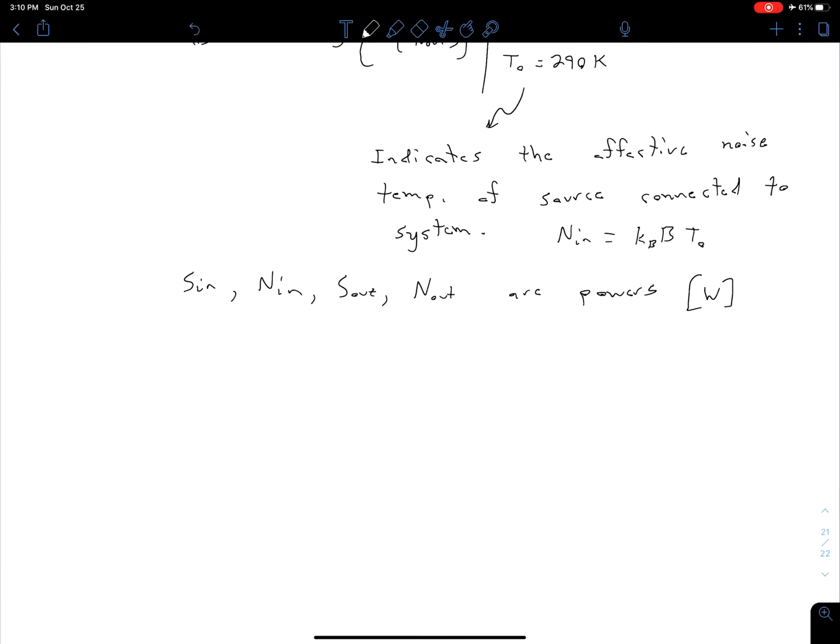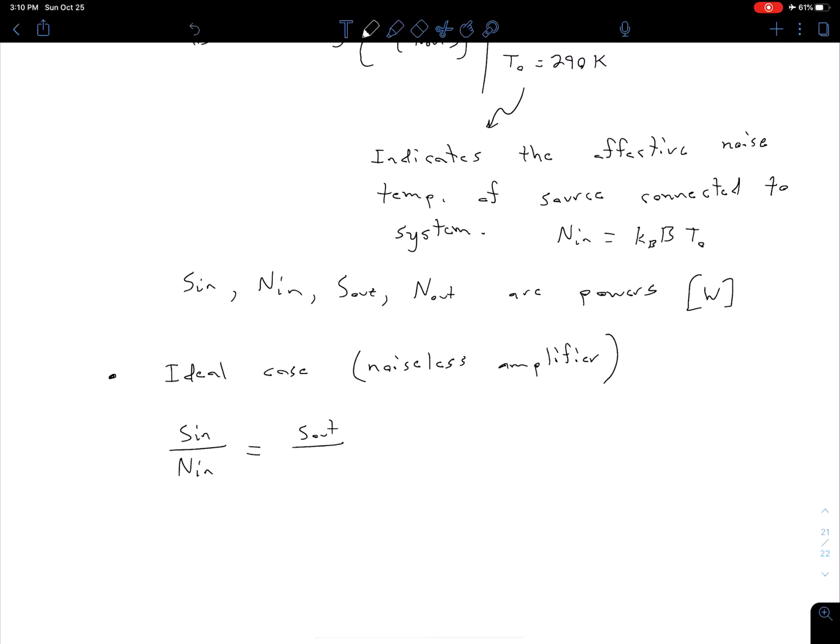So to get an idea of one of the endpoints, let's consider our ideal case, which would be a noiseless amplifier. So if we have a noiseless amplifier, we would be expecting it to not have any change on our signal to noise ratio, such that our signal in over our noise in is equal to our signal out over our noise out.